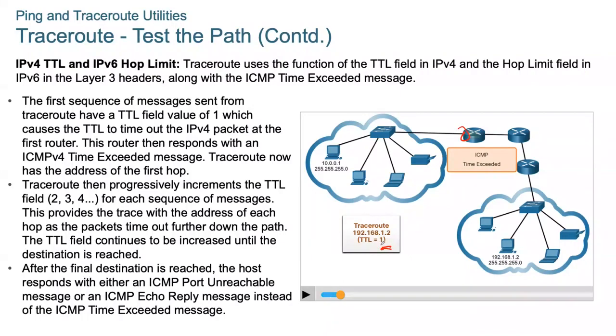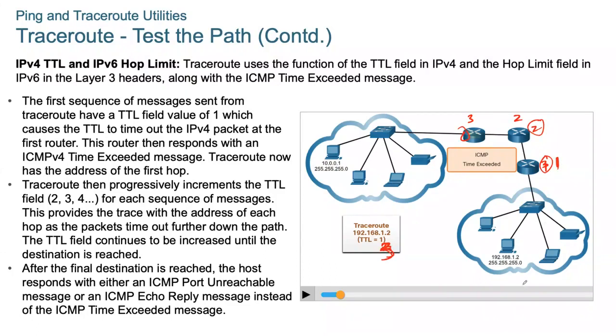If it is 2, that means it will reach up to your second router. If the time to live is 3, there will be 3 hops, so it will reach your router 3. Every time, if 3 is mentioned in the time to live, then when it reaches here it becomes 2, and when it reaches here it becomes 1.